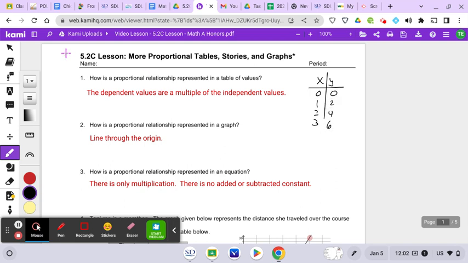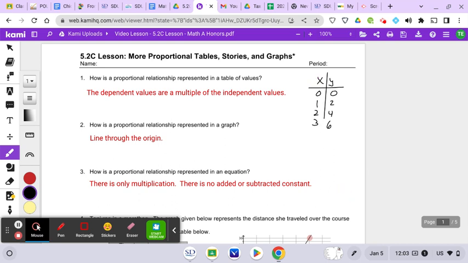And if it is proportional, I know that one column, could be rows, is a multiple of the other. So here I see that every time I want to get to Y, I'm multiplying by 2. So here the dependent values are a multiple of the independent values. Remember, typically the Y is the dependent and the X is the independent.